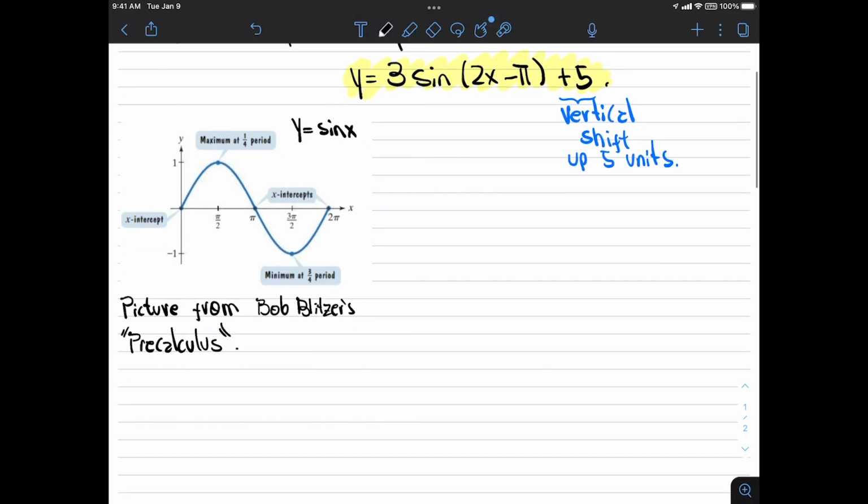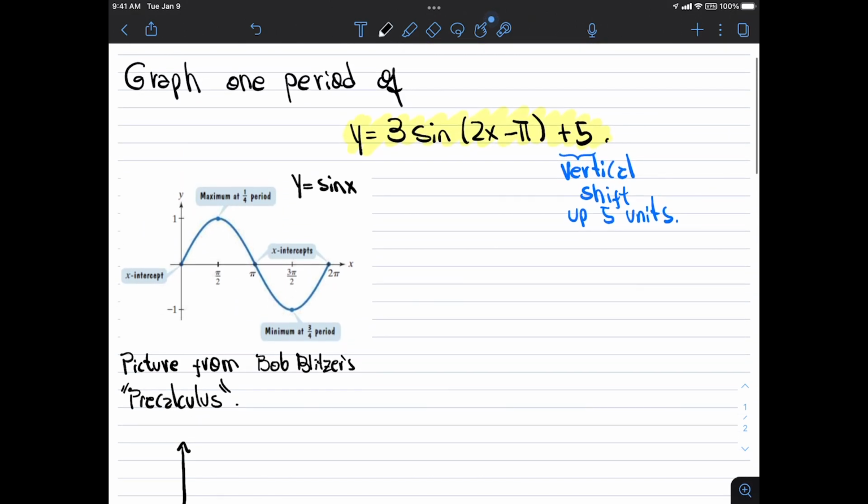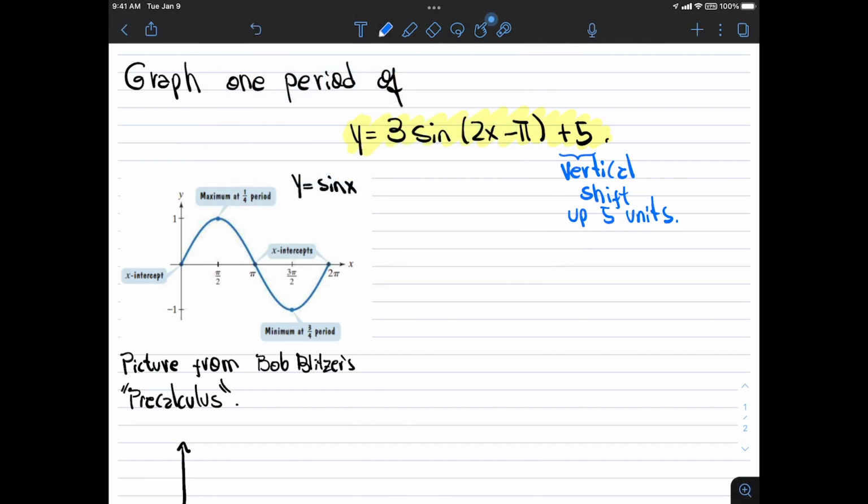I won't even start graphing it because there's more information to get from this. But that's so far our first conclusion. This 3 here is going to give me the amplitude. So the amplitude will be the absolute value of 3, which is 3.